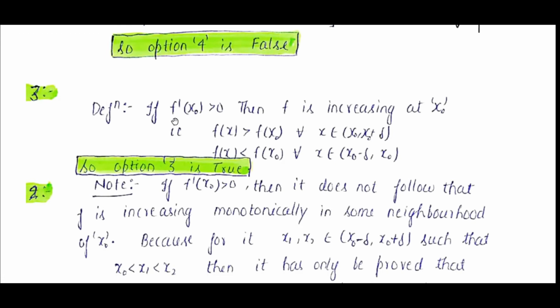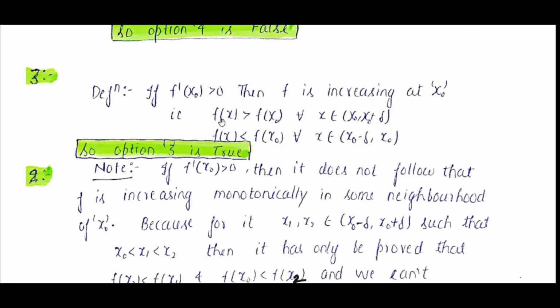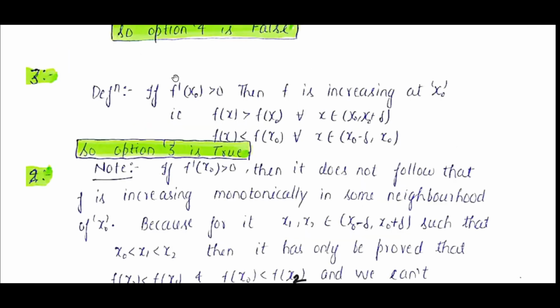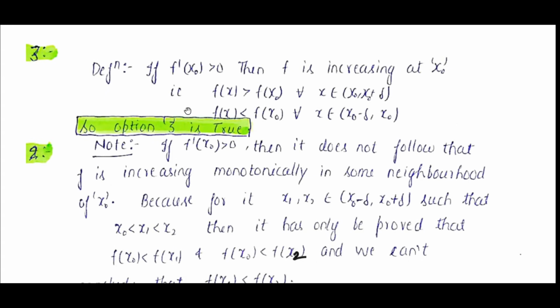The definition says if f'(x0) is greater than 0, then f is increasing at x0, and then we have f(x) greater than f(x0) for all x belonging to open interval (x0, x0 + delta), and f(x) less than f(x0) for all x belonging to (x0 - delta, x0). So from the definition we can see clearly that option 3 is true.